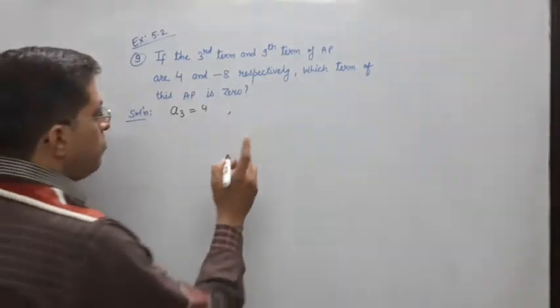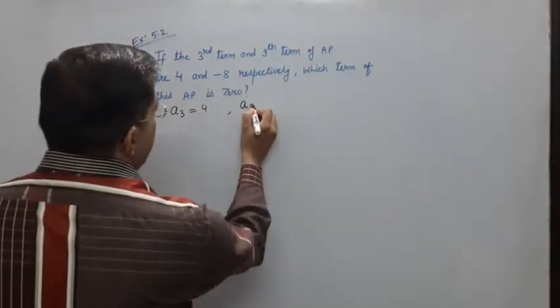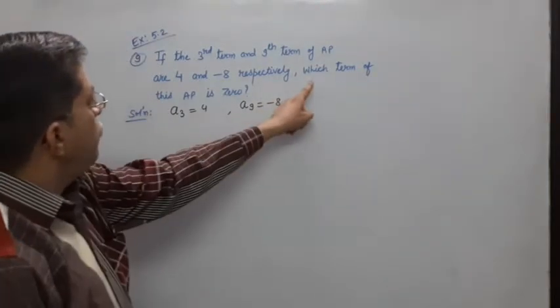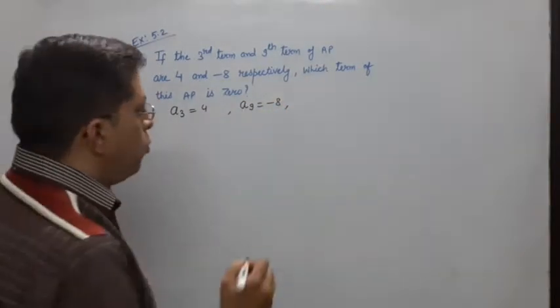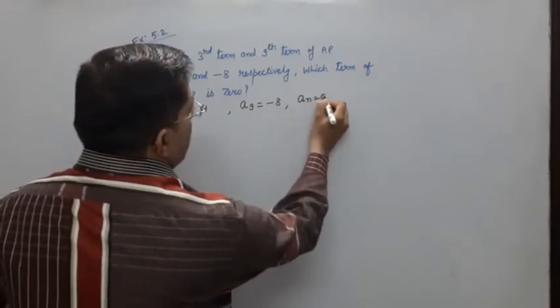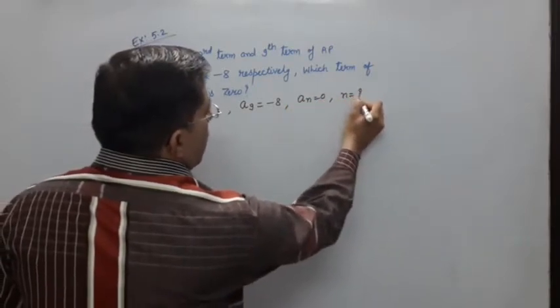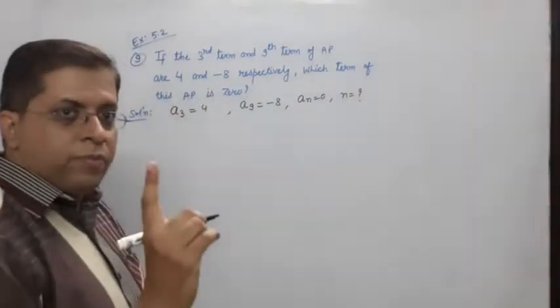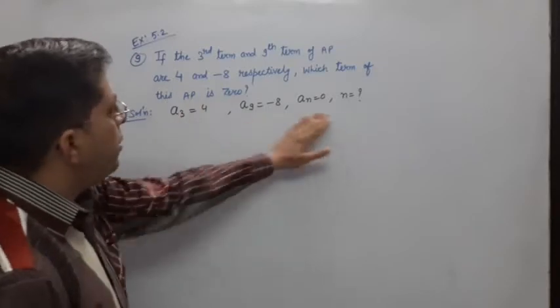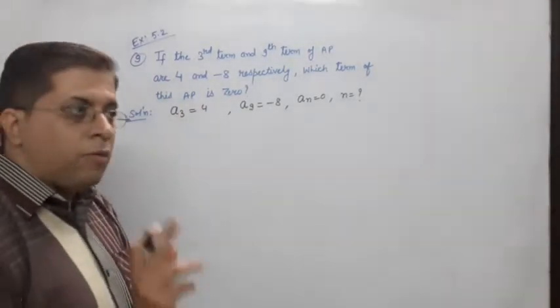Which term of the AP is 0? It means An is equal to 0 and you have to find n. Read the question carefully. Whatever is given, write it in the given part.